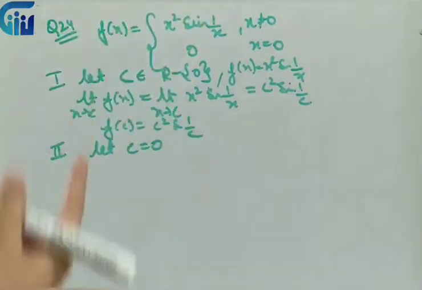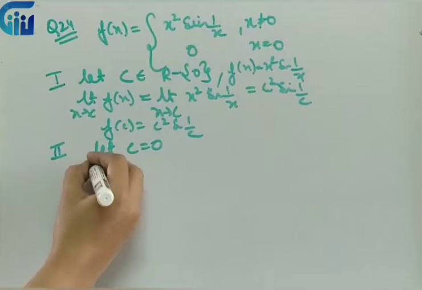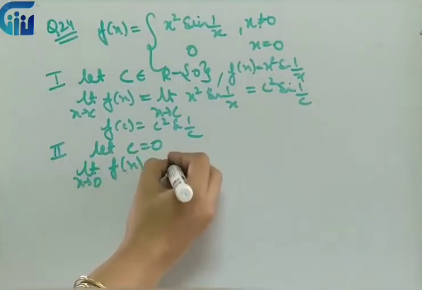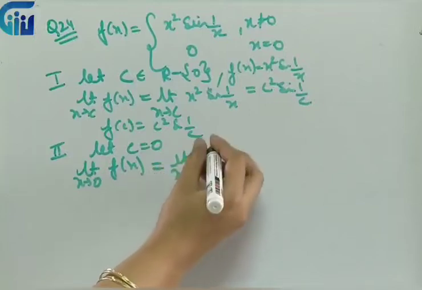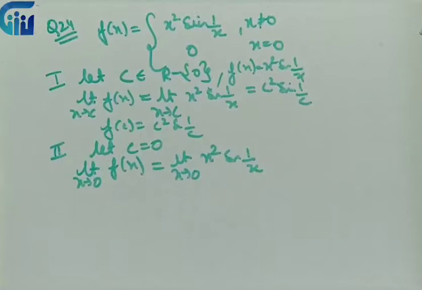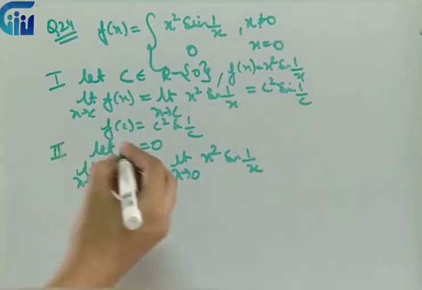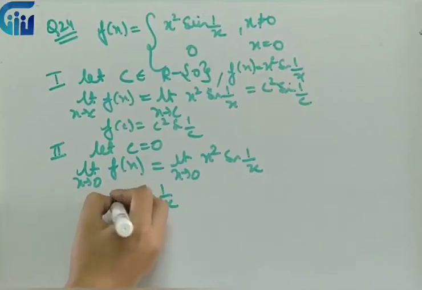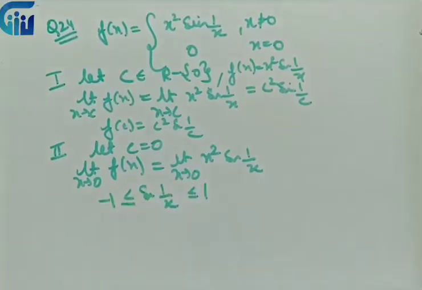So I don't have left hand and right hand limit. I will directly write the value limit x tending to 0 of f(x). Now over here, we have limit x tending to 0 of x square sine 1 upon x. Now how to solve this particular thing? I know that for sine 1 upon x, the value of sine always lies between minus 1 and 1, right?